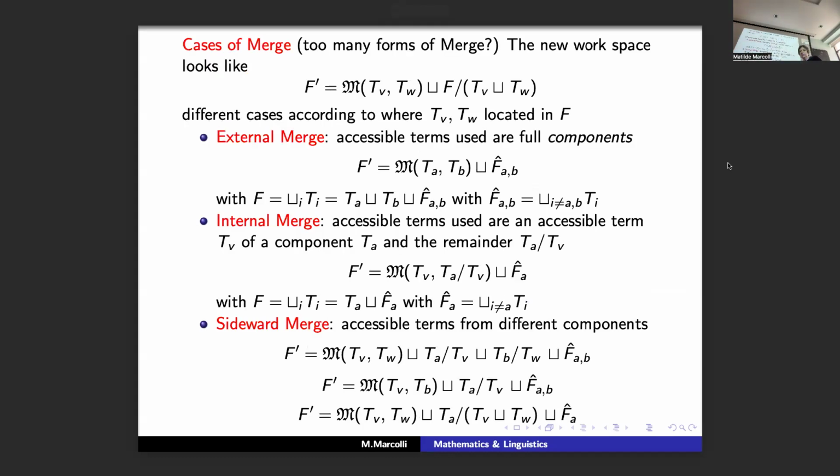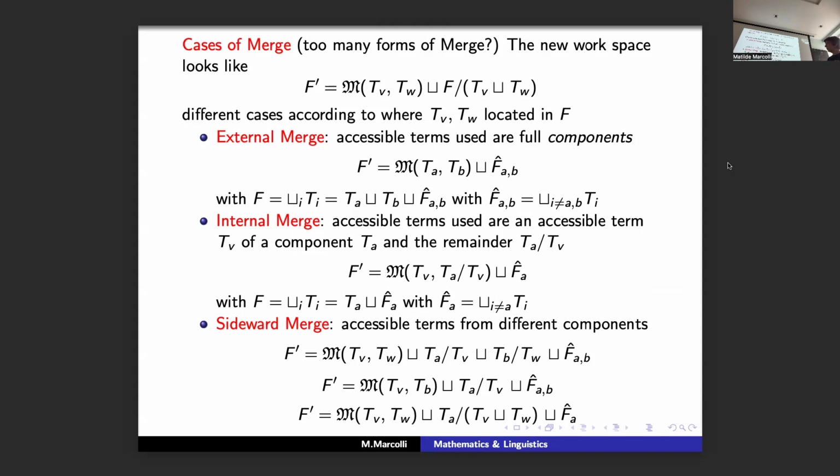Okay, so let's look at what the different cases of merge are. External merge is the case where you pick two different components, just full connected components of the workspace, and you combine those together and leave everything else as it is.